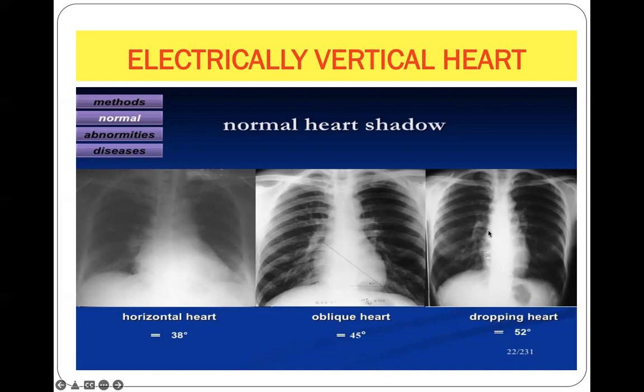Or any situation that causes right ventricular hypertrophy, changing the electrical axis of the heart to the right side. Here, the heart goes down towards AVF, so AVF will be positive, and it goes away from lead one, so lead one will be negative.